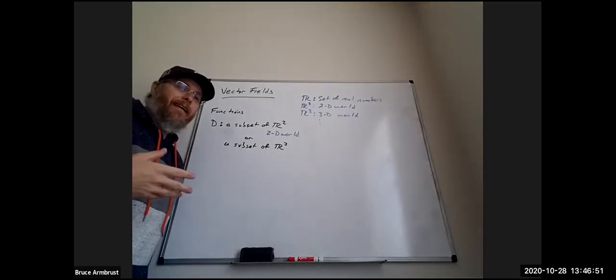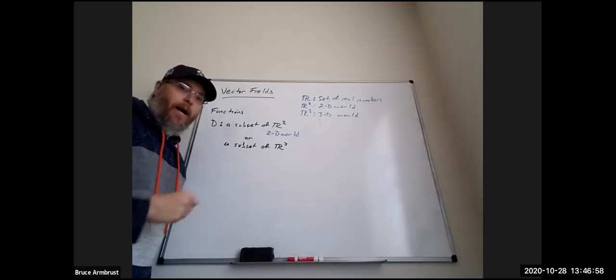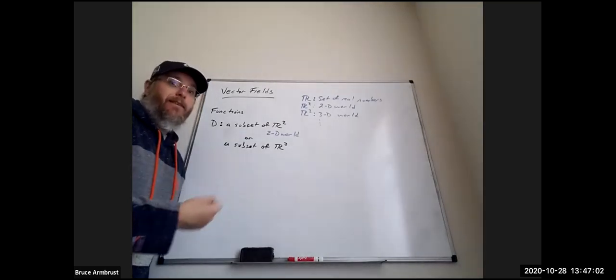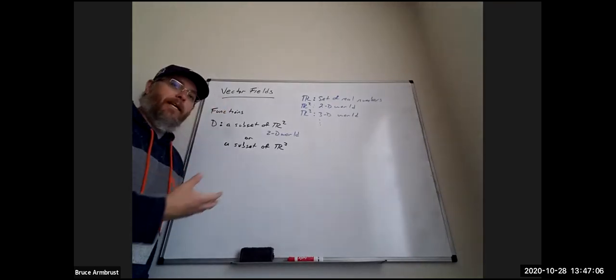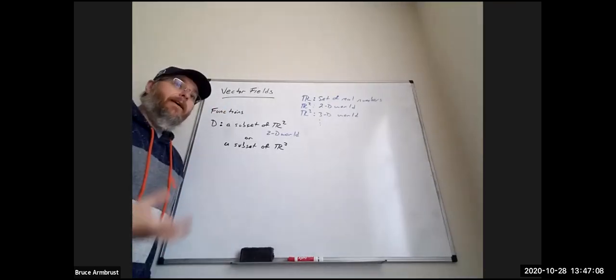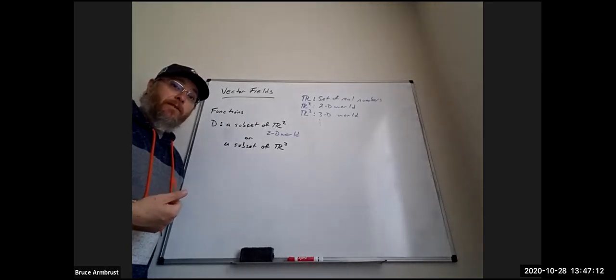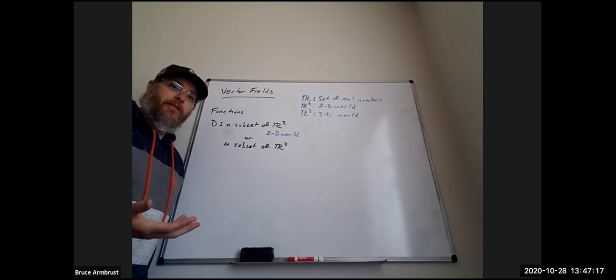It's kind of like multivariable functions, right? With multivariable functions, we could be plugging in an x and a y, or an x and a y and a z, or x, y, z, and w. But we lump them all together as multivariable functions. Same thing here. Vector fields, the domains are going to be like those of multivariable functions.